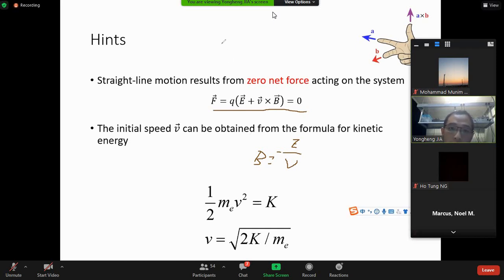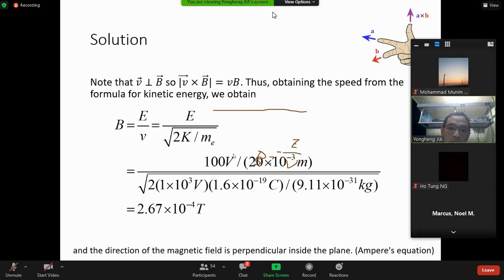This is a vector. After you calculate the magnitude of the magnetic field, you should also tell the direction. Actually, the calculation is quite easy. First you get the V, and then you can get the magnetic field.